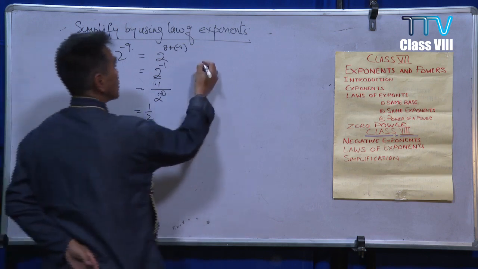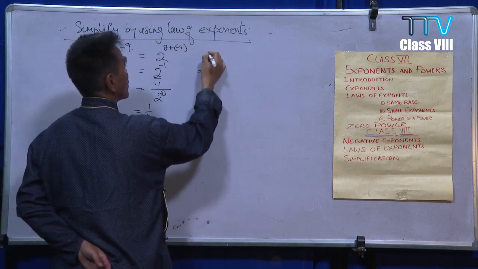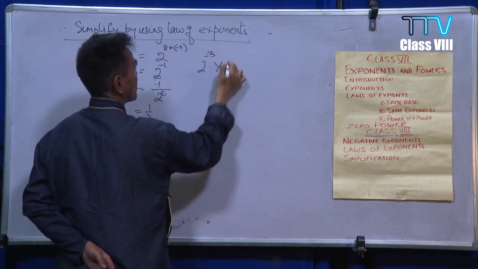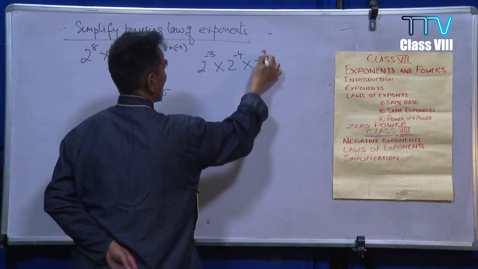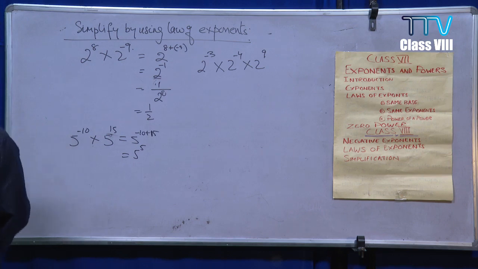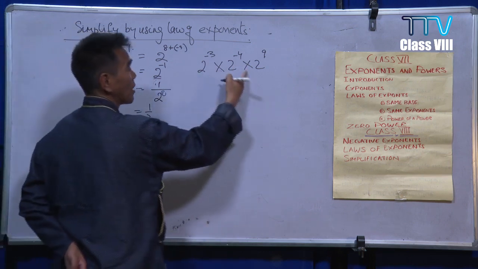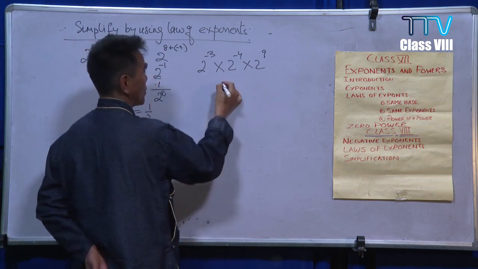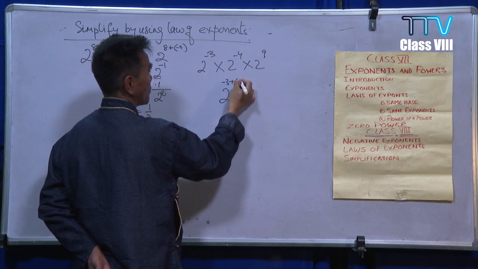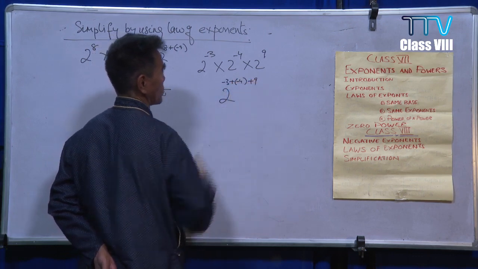Okay, next: 2 raised to power 3 multiplied by 2 raised to power negative 4 multiplied by 2 raised to power 9. The powers are added: 3 plus negative 4 plus 9.